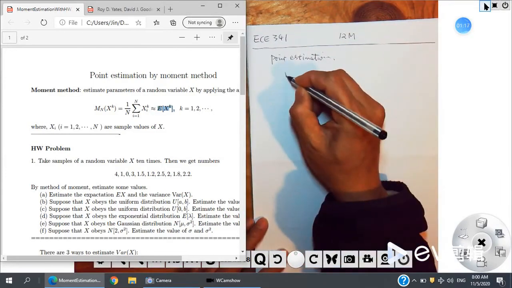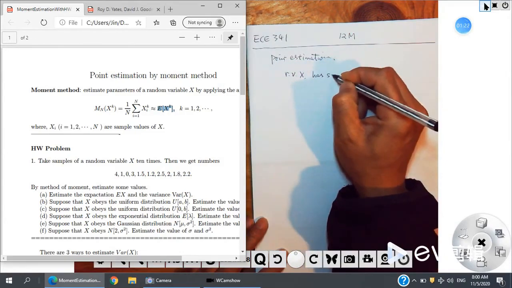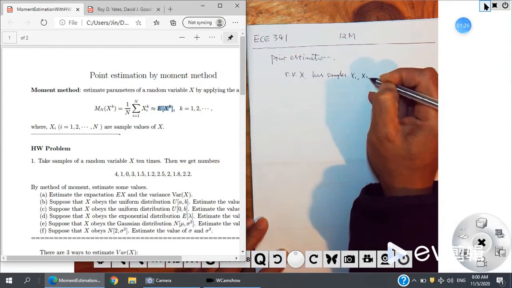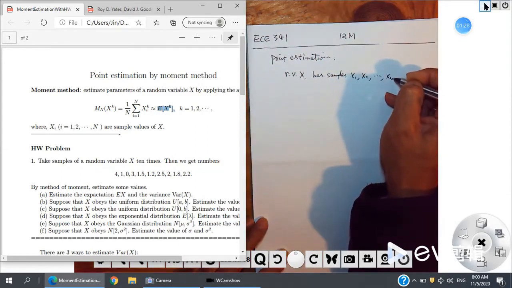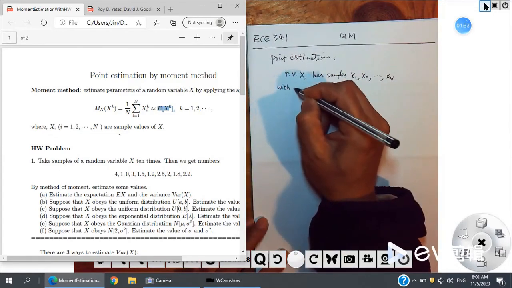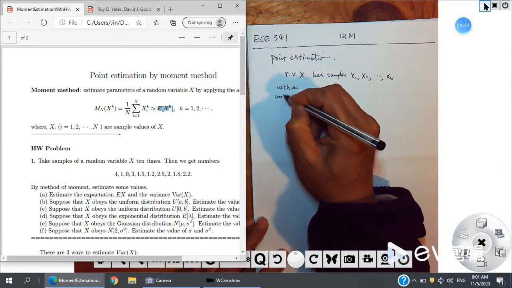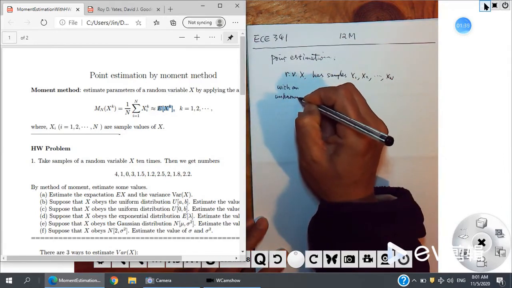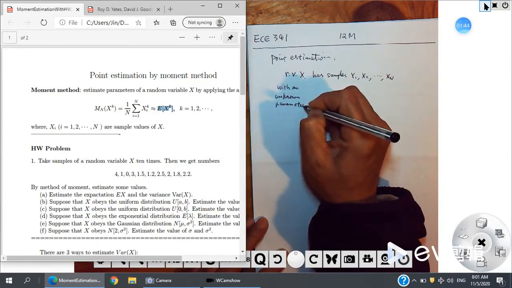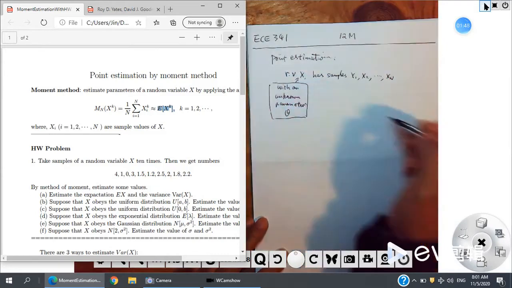A random variable x has symbols x1, x2, up to xn, with an unknown parameter theta.